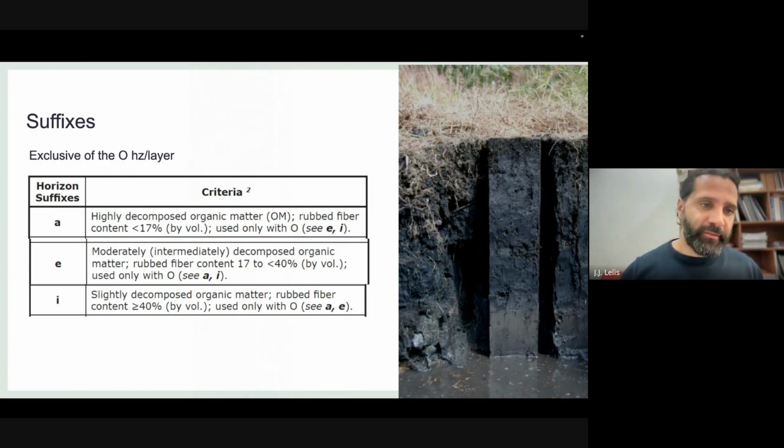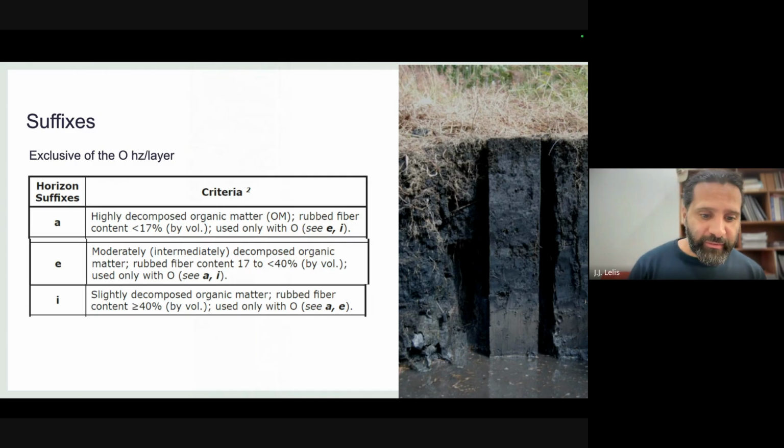This is one of the points that we need to start now. Now that everyone knows very well about horizons and layers, and the properties and characteristics of each of these horizons and layers, we need to talk about the suffixes.